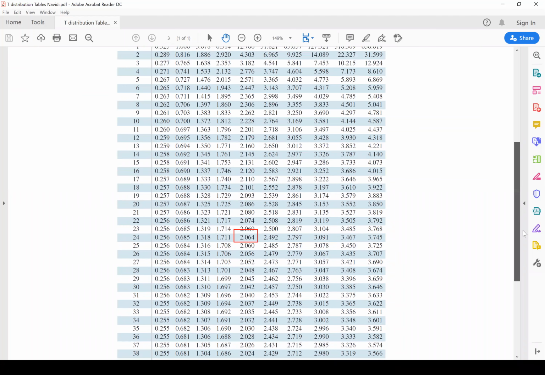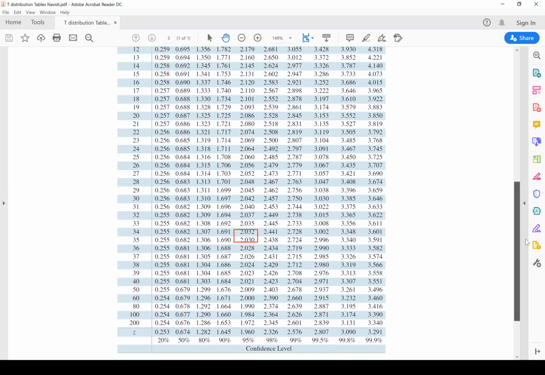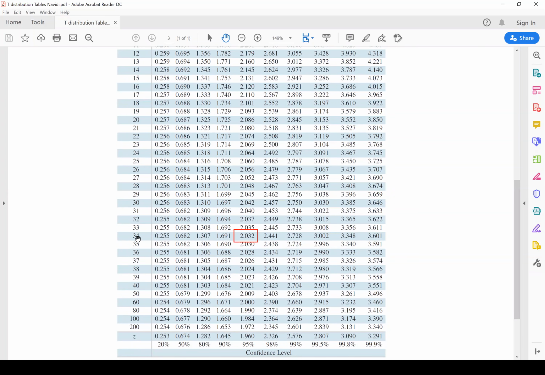My degree of freedom is 34 here, and my alpha on top is 0.025, which gives my critical value of 2.032.